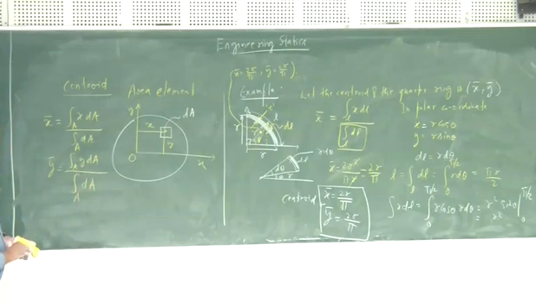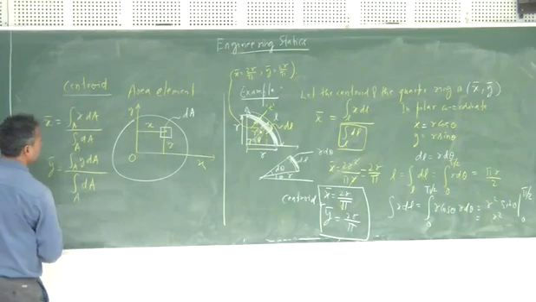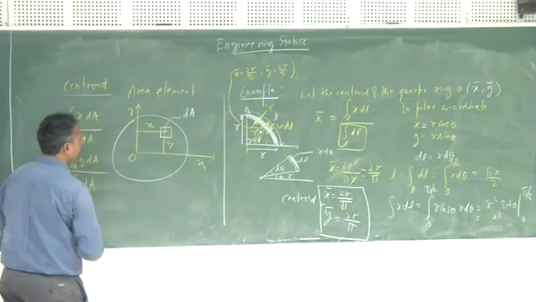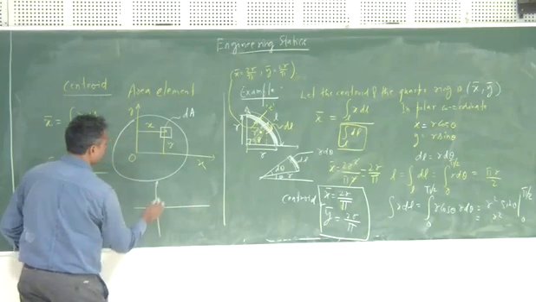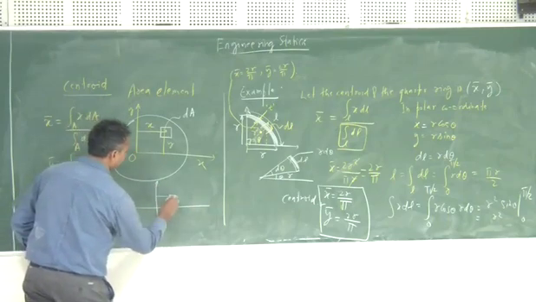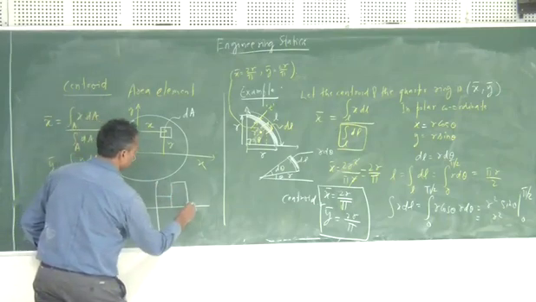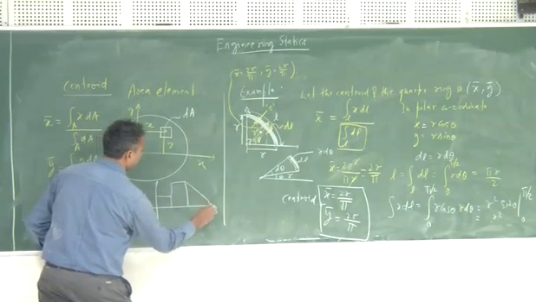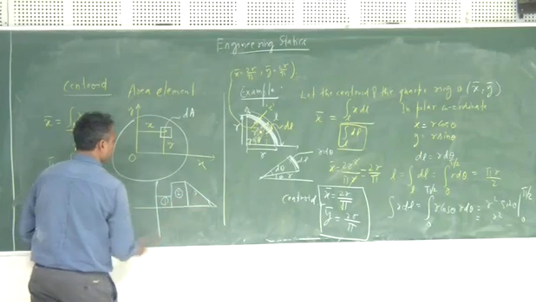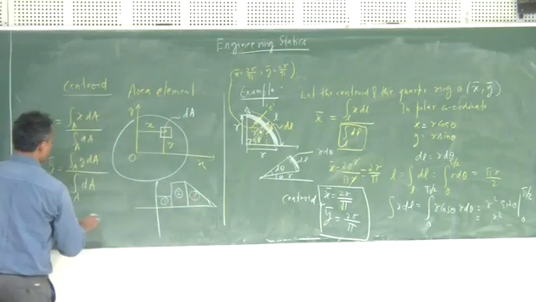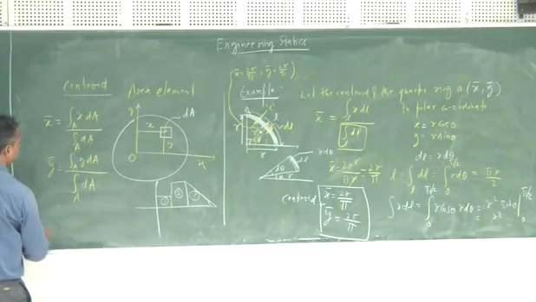Okay. So if it is a discrete problem, then again you consider, let us say, first find out A2, and so your whole thing will be divided.